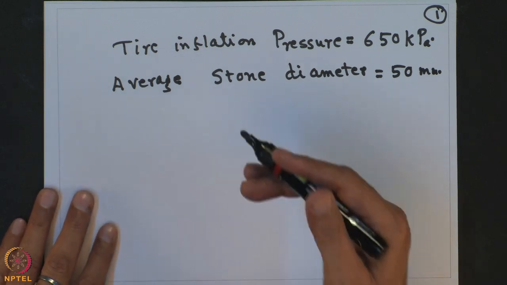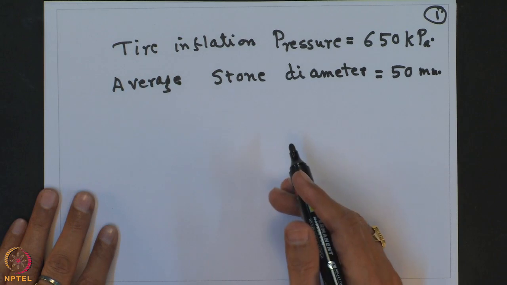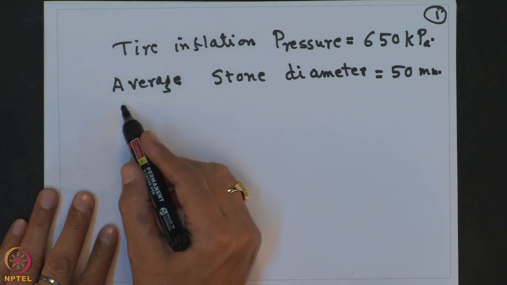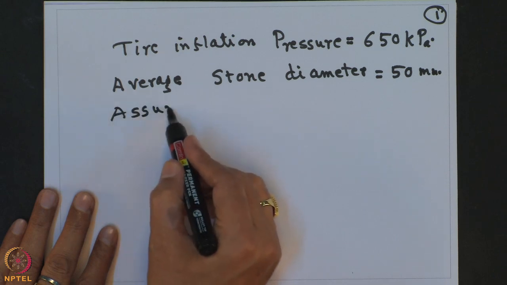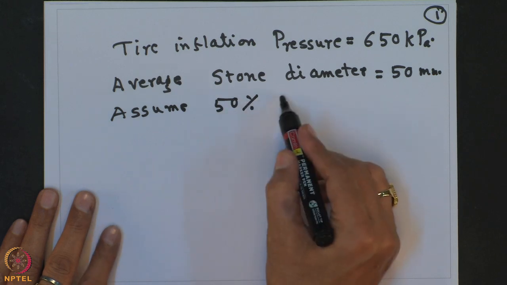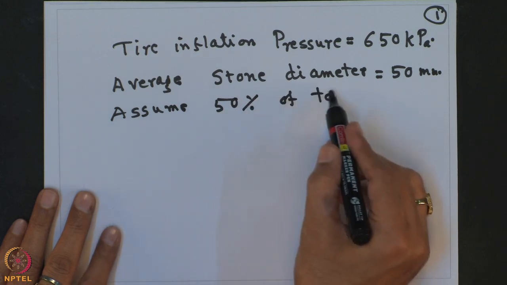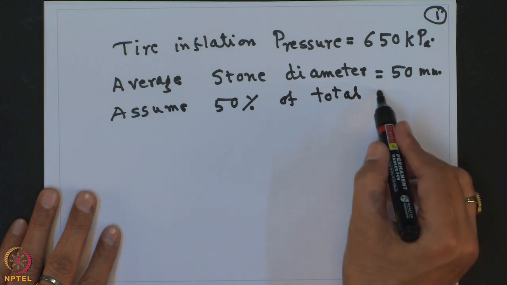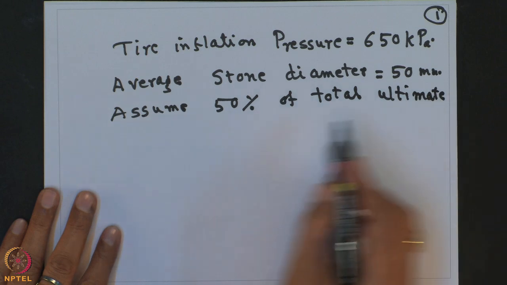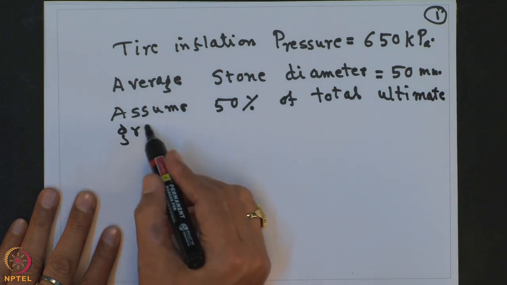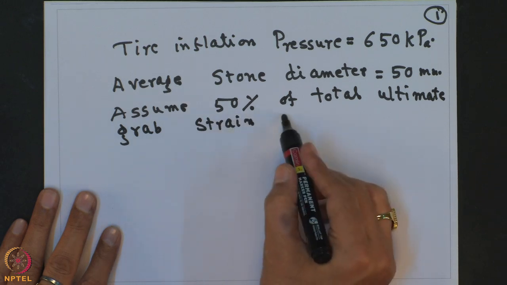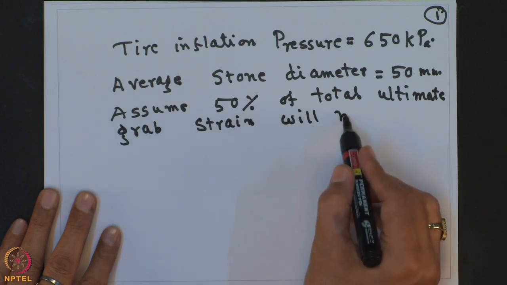Now, geotextile is to be placed beneath the stone base course. So, assume that 50% of the total ultimate grab strain will mobilize.